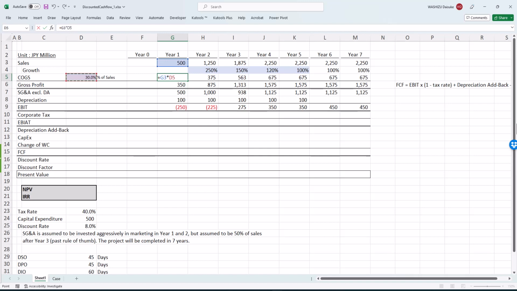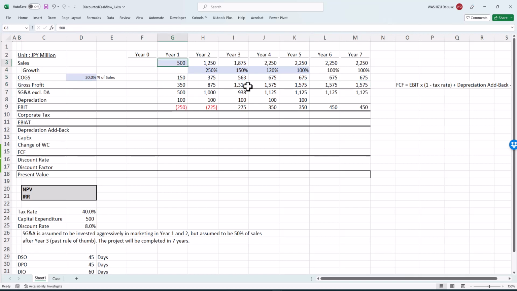Press function 4 three times to fix the column so that I can copy and paste, fixing the column here. With function 4, we can fix the cells, rows or columns. Okay, utilize it.